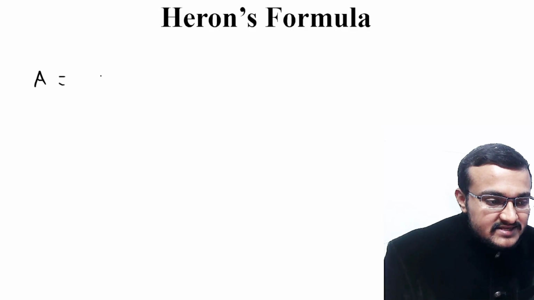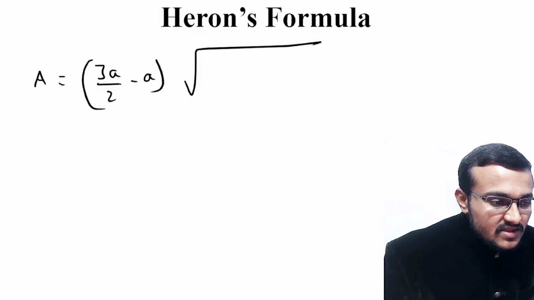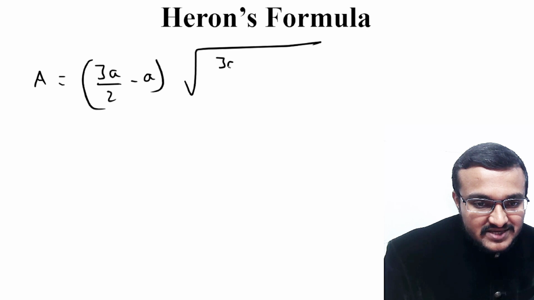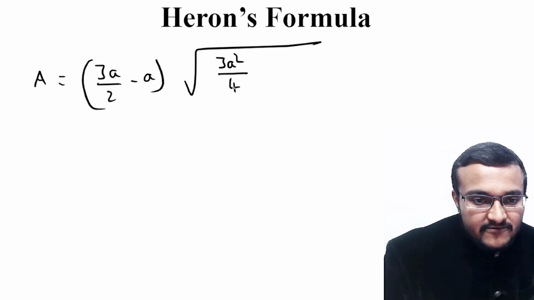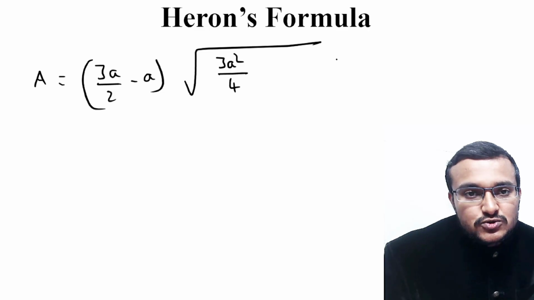So area is equal to 3a by 2 minus a square root of 9a square minus 6a square, which is 3a square, divided by 4. What is 4? 4 is nothing but 2 square.